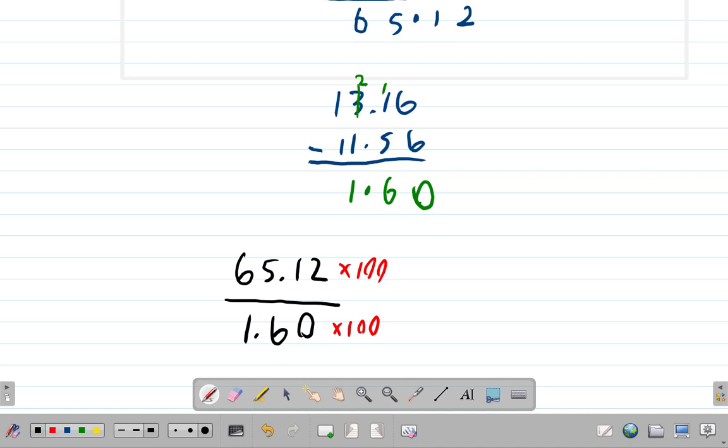When we do that, we'll get rid of the points. So we'll work with whole numbers. So 65.12 times 100 is 6,512, divided by 1.60 times 100 is 160.